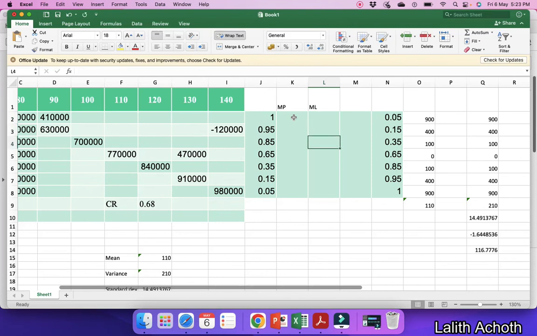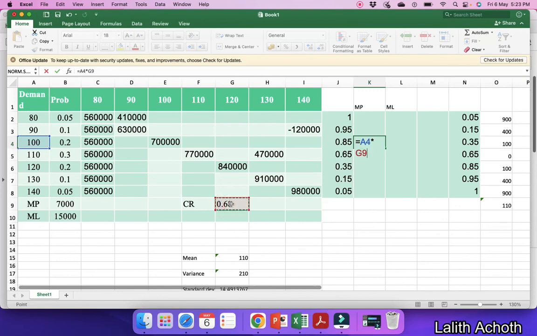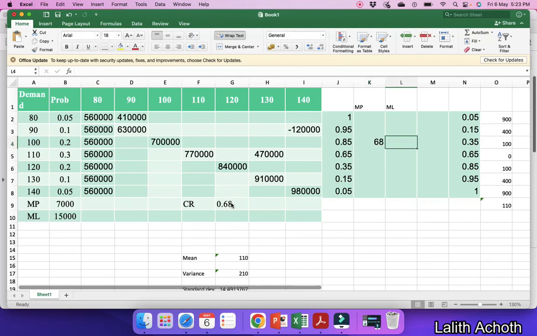Right. Now we come here. I will take it over here. So the marginal profit is the quantity demanded into the critical ratio. Sorry, this will be marginal profit.